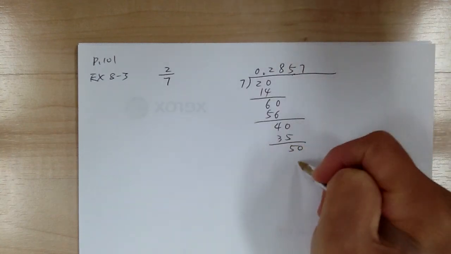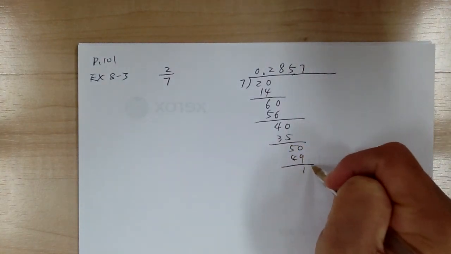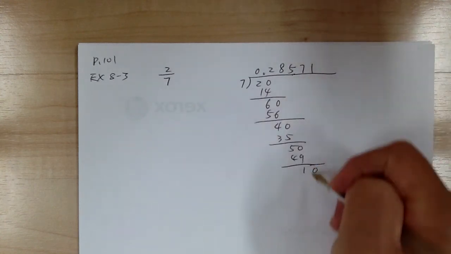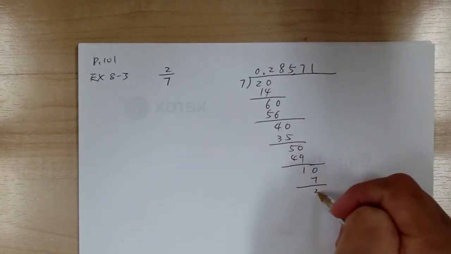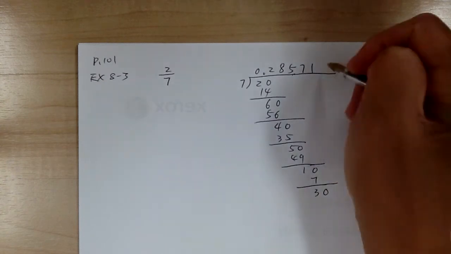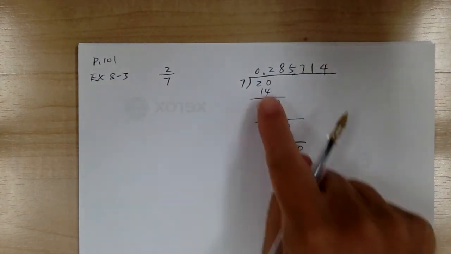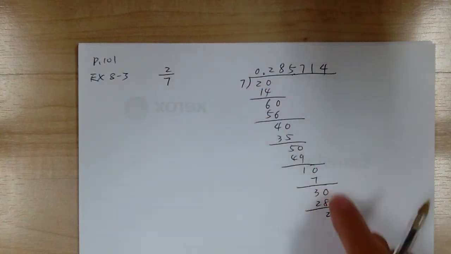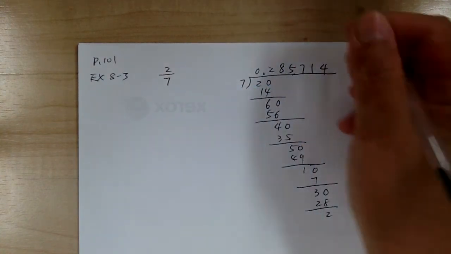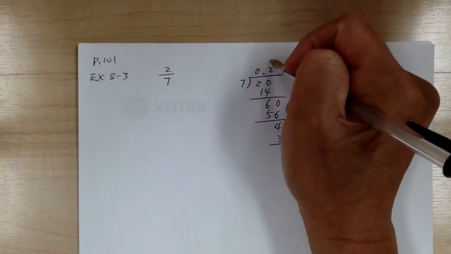So you get 7, 49, 1, get 0, so you get 1, 7, 3, 0, 4, 28, 2. So once you get 2, notice it gets obvious. After that, it's going to start to repeat.